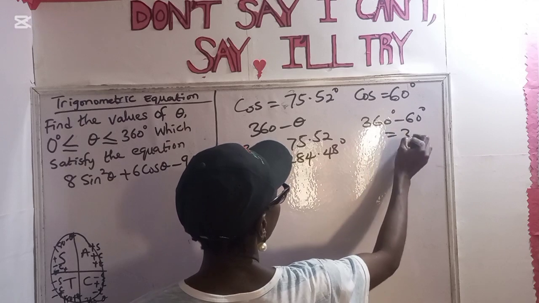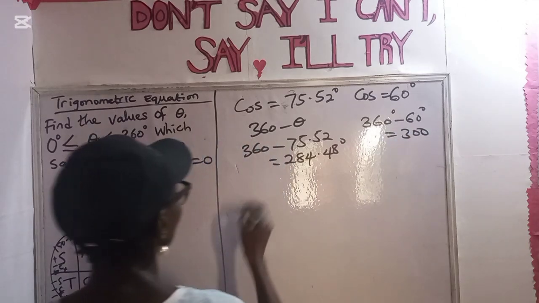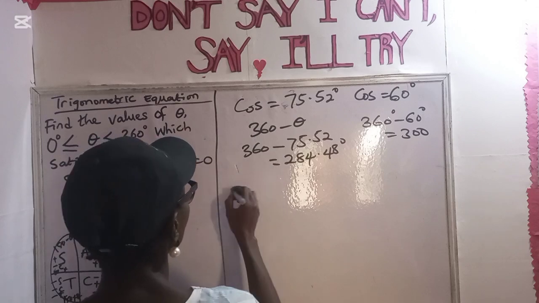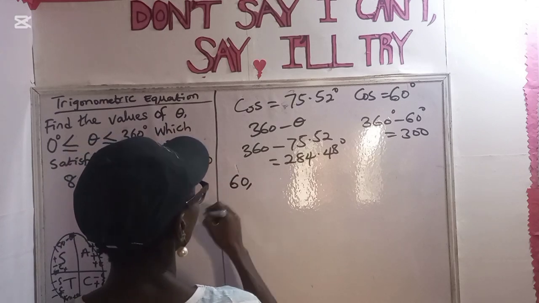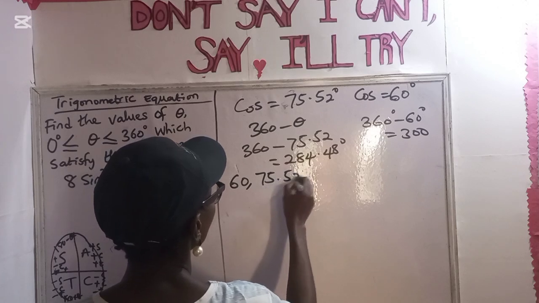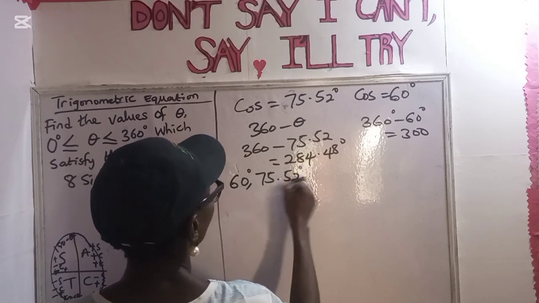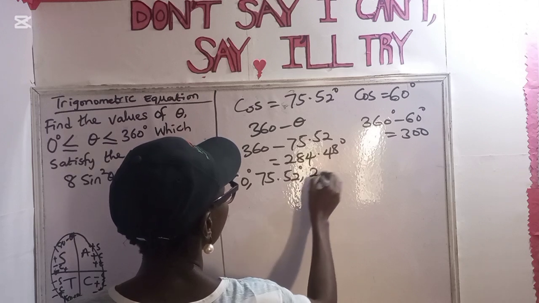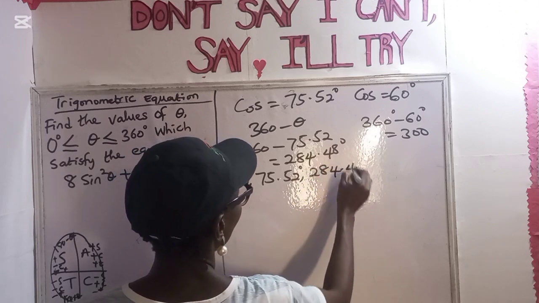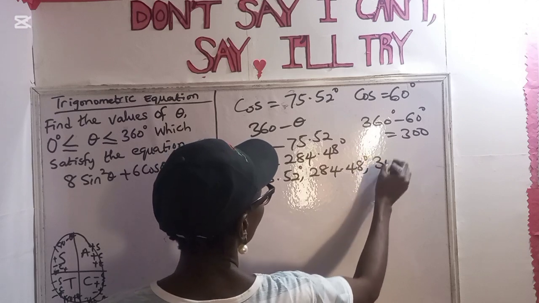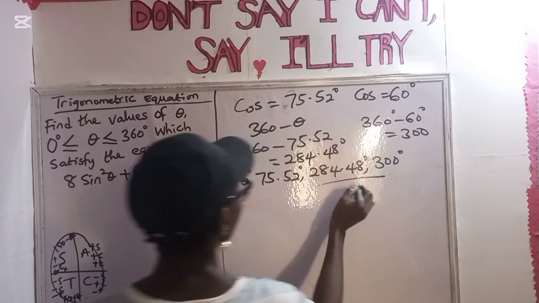So the answer is 300. So the values that will satisfy this equation will be 60, 75.52 degree, then 284.48 degree, then 300 degree is our answer.